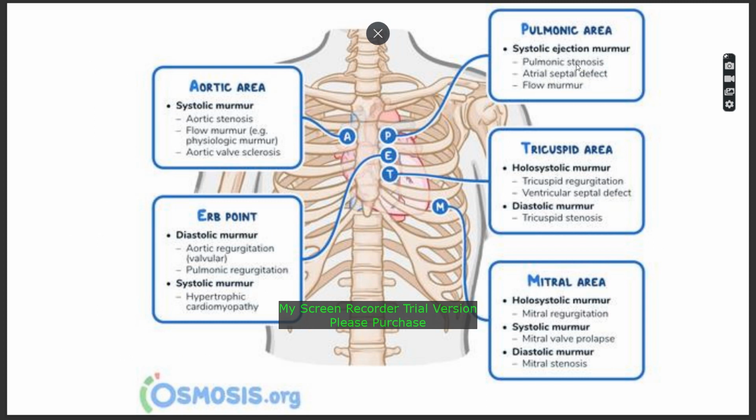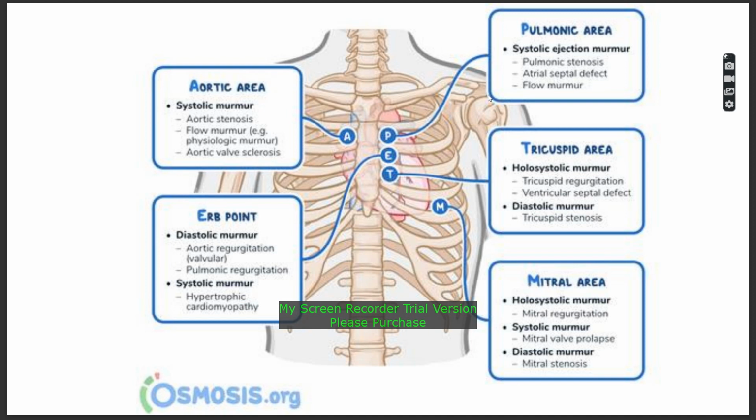Now we are going to get these murmurs. The systolic murmur we obtain through the aortic area: aortic stenosis, flow murmur, physiological murmur, and aortic valve sclerosis.